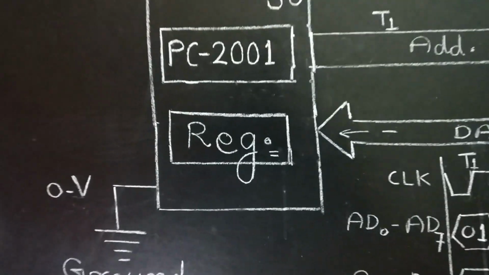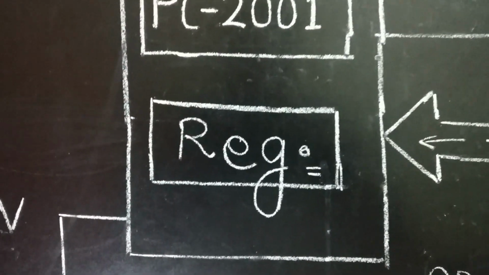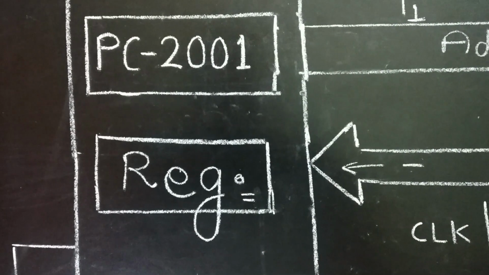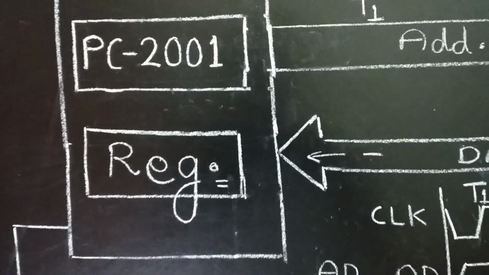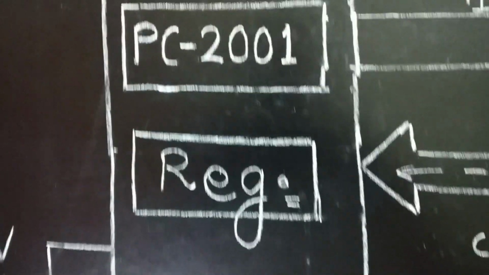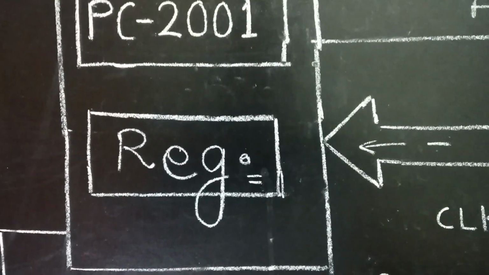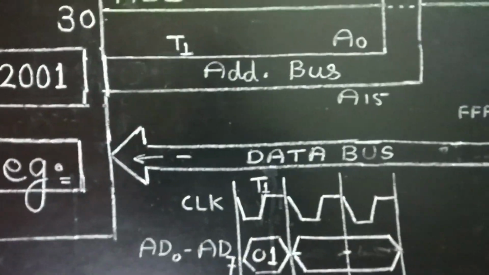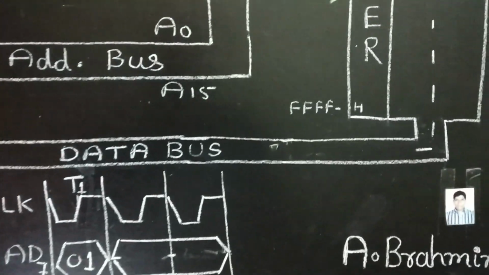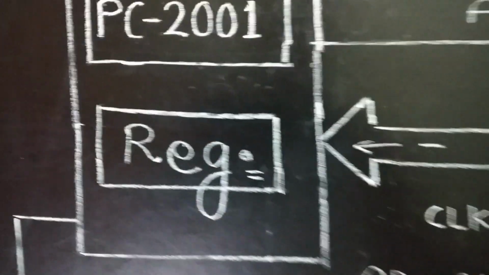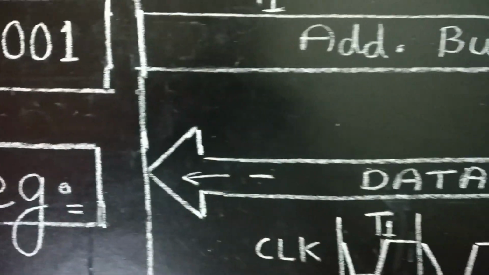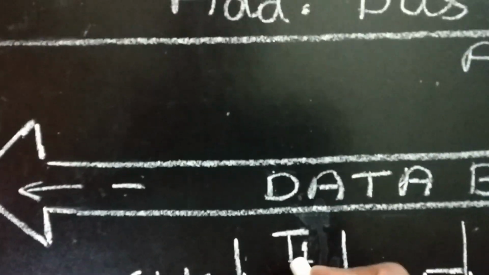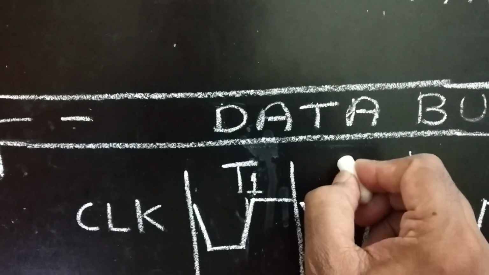As we have seen in the microprocessor 8085, W and Z are the temporary registers. We have A, the accumulator register. We have B and C, D, E, H, L. So depending on the different requirements of the program, the data through the data bus will be transferred to different registers.